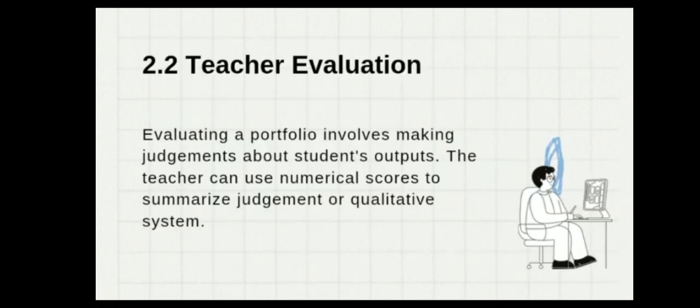Let's proceed to the second one, the teacher evaluation. Evaluating a portfolio involves making judgments about students' outputs. The teacher can use numerical scores to summarize judgment or a qualitative system. So the scoring needs to be reliable and should not be affected by inconsistencies not related to the qualities being judged.